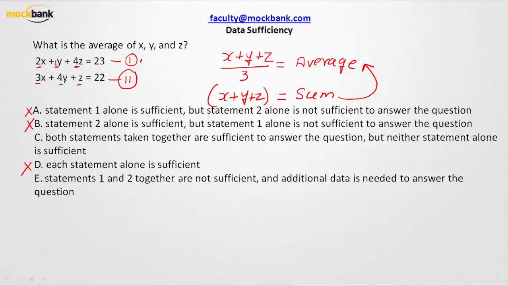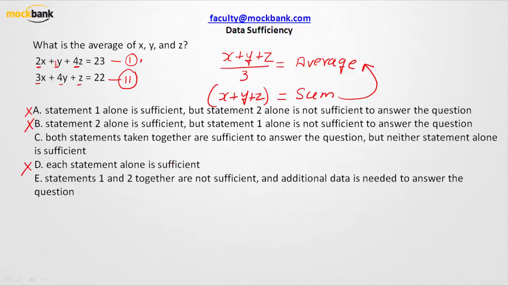Because D says that each statement alone is sufficient. Neither 1 is sufficient nor 2 is sufficient. And hence we are left with C and E only. C says that if we use these two statements together, we can find out the answer. And E says that even after using two statements together, we would not be able to find the answer.